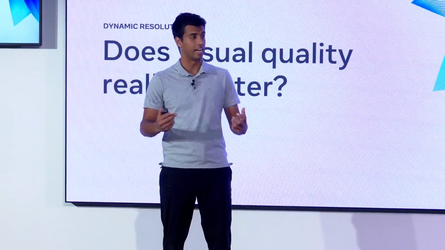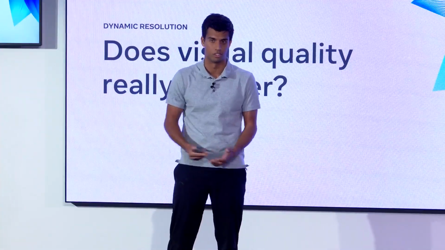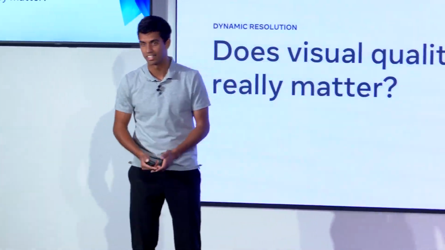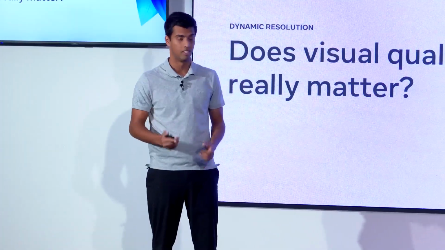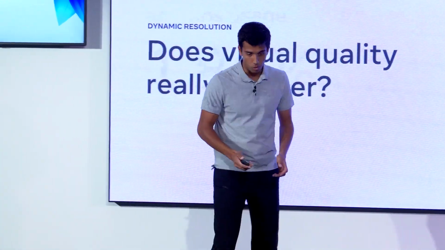Did that show any time spent increase? Did that show any daily active user increase? So we partnered with Another Axiom, creators of Gorilla Tag, to ship that exact experiment in our OS a few months ago. And the results were pretty stunning.